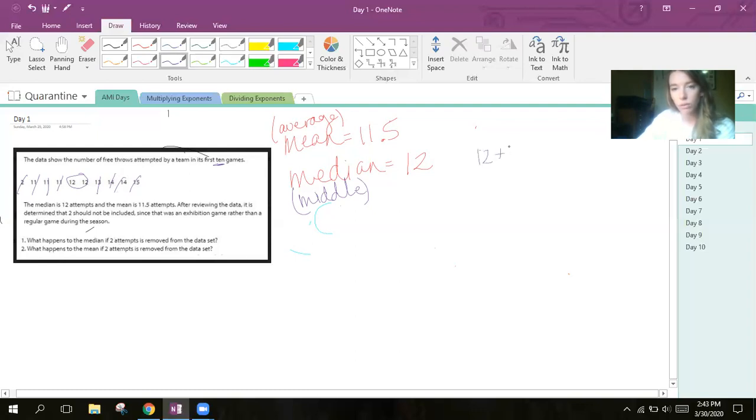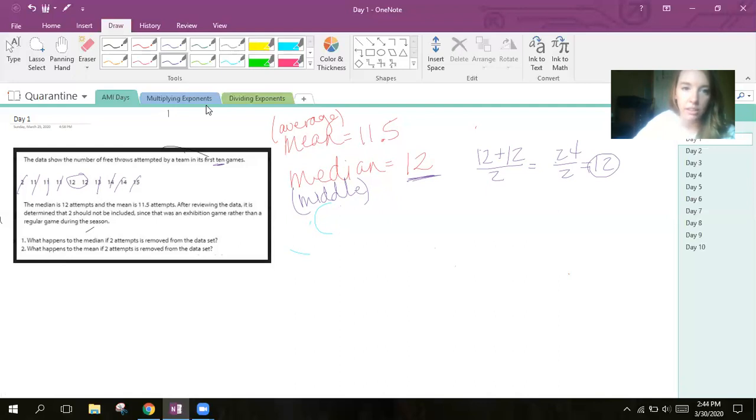In this case, it's 12 and 12. You add them together and then you have to divide it by how many you've got. So 12 plus 12 is 24 divided by 2, and that is 12, which is what they got to begin with. So that is how they got their data at the beginning of this question, right there.